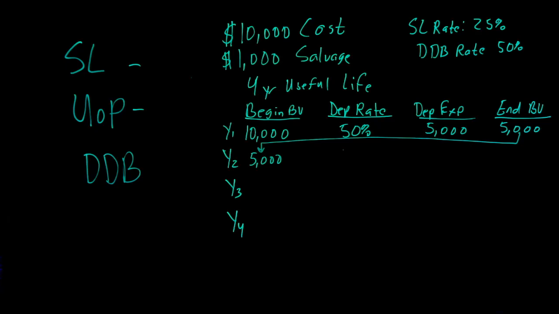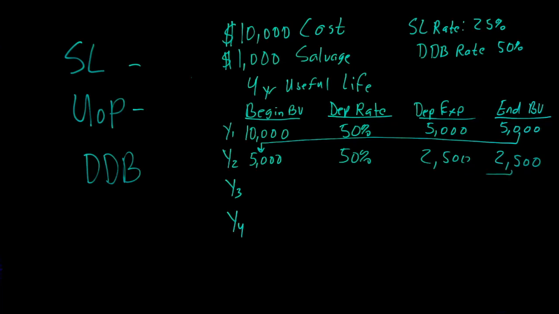Our depreciation rate is going to be the same, 50%. 5,000 times 50%. Our depreciation expense is going to be $2,500. 5,000 beginning book value minus 2,500 depreciation expense gets us an ending book value of 2,500.